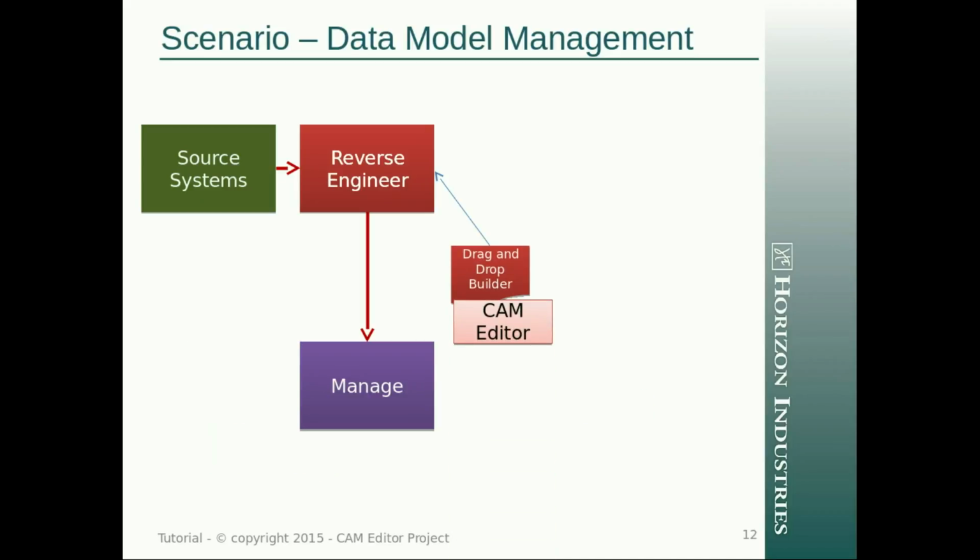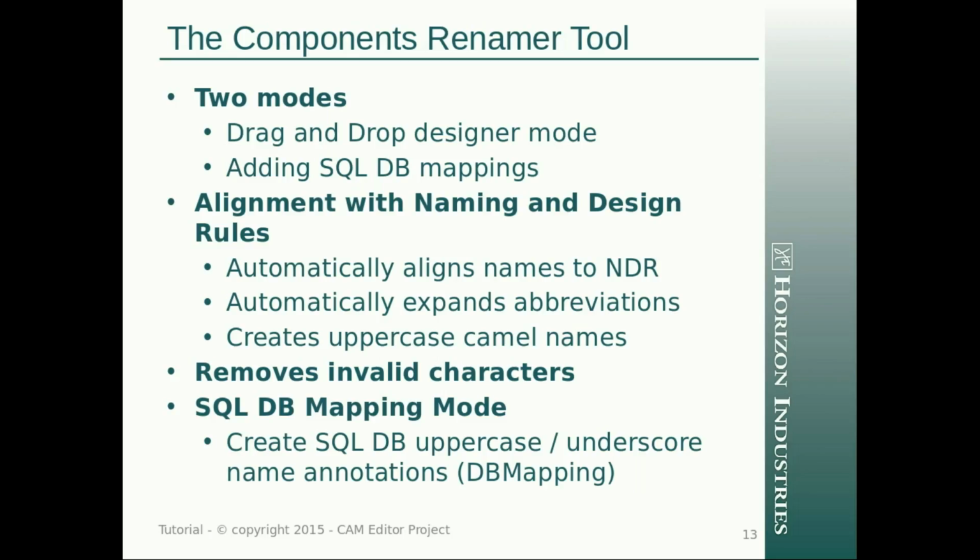So we've seen that the life cycle here is we have the source systems. We can reverse engineer and manage our components using the IDE. So then the next piece of the puzzle is how does the renamer play into this?